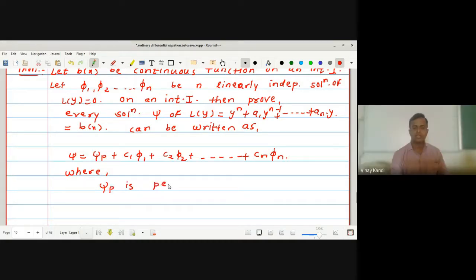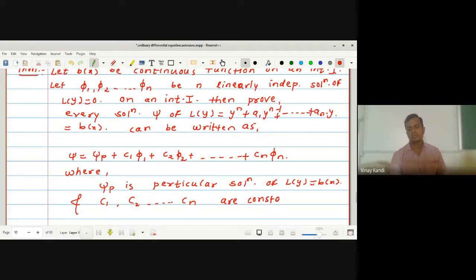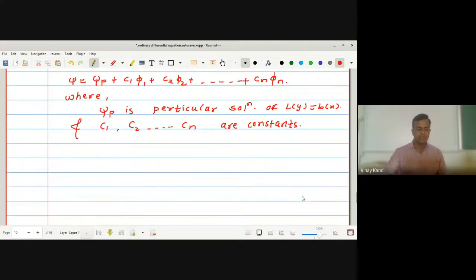Particular solution of L of y is equal to b of x, and c1, c2 up to cn are constants.